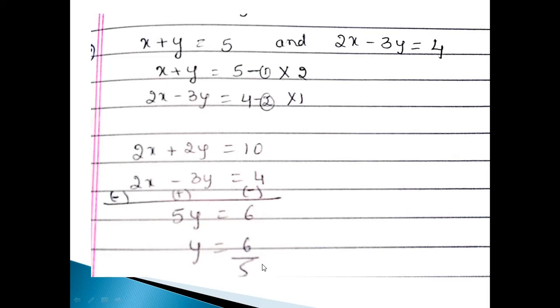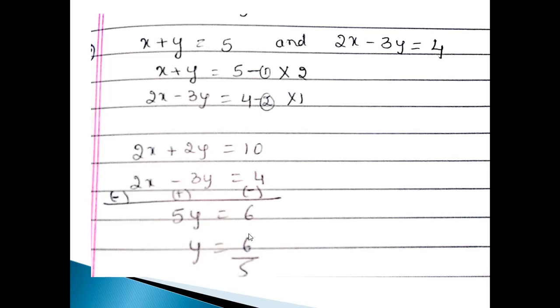Don't divide and don't take it as decimals. Okay, y is equal to 6 by 5 now. So substitute this y is equal to 6 by 5 in equation 1 or equation 2. Is it clear, students? In the first equation, the coefficient of x is 1, so multiply the second equation by that 1.